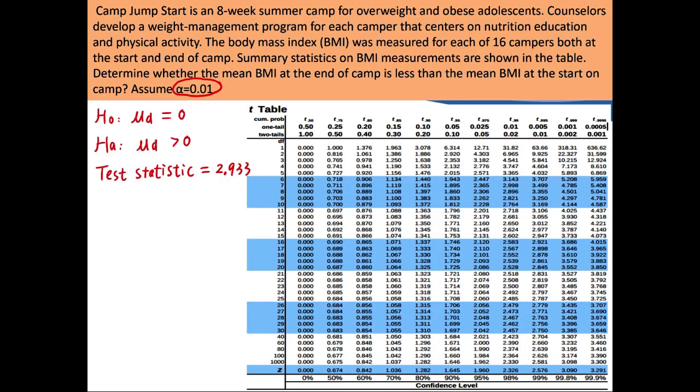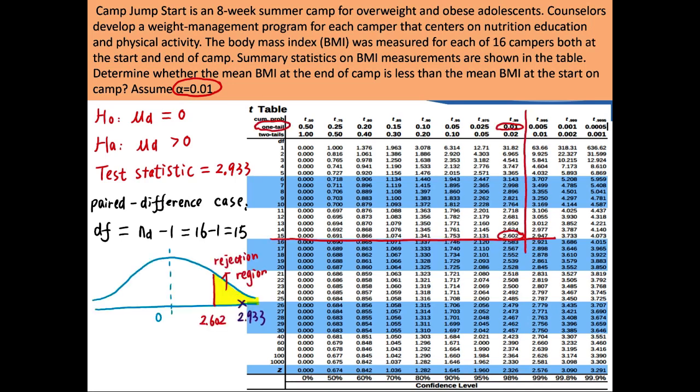Now, let's see the critical value first. Because this is a paired difference case, the degrees of freedom will be n minus 1, so 16 minus 1 equals 15. So we only need to look at row 15, and the column is alpha.